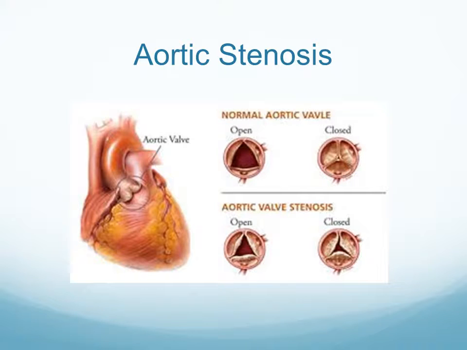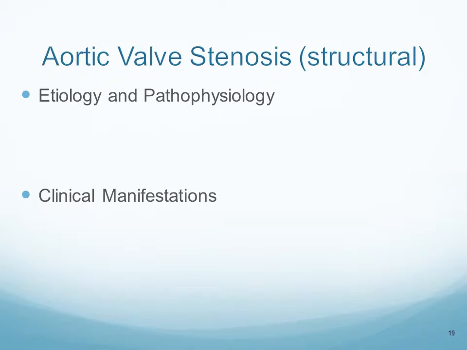Aortic stenosis, like mitral valve stenosis, is a thickening, a shortening, a narrowing of the valve, which makes it very difficult. Aortic stenosis is a fairly common structural defect.